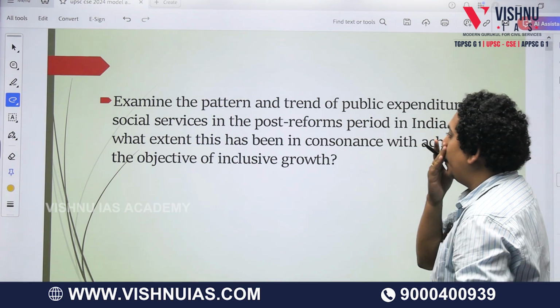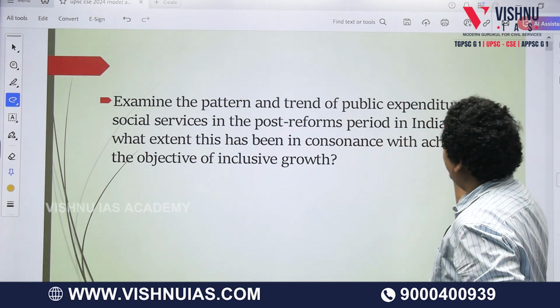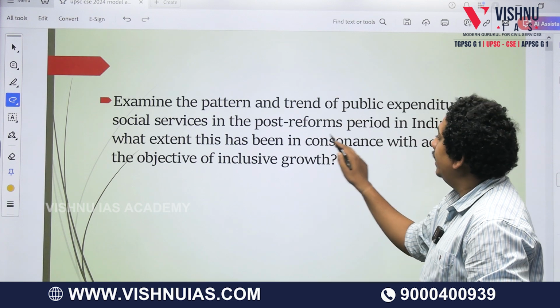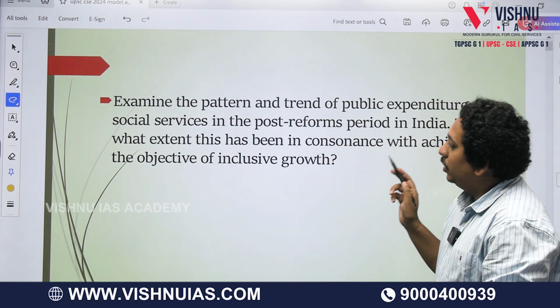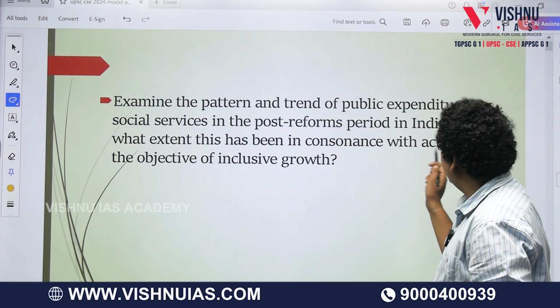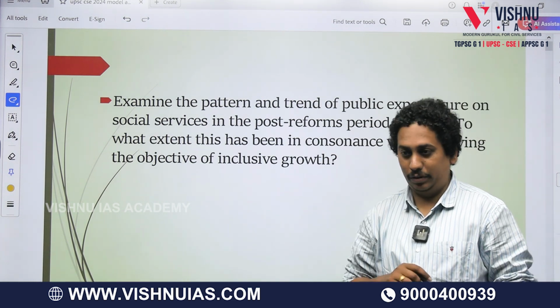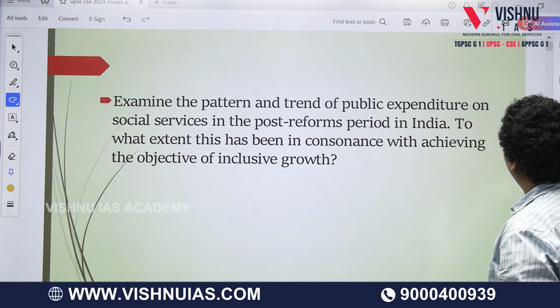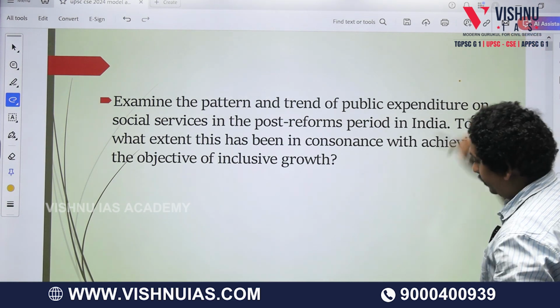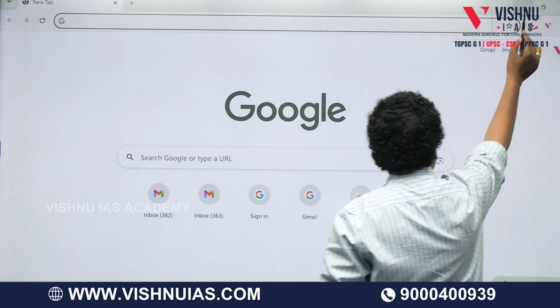So, explain the pattern and trend of public expenditure on social services in the post-reforms period in India. To what extent has this been in consonance with achieving the objective of inclusive growth? There are two parts to the question.